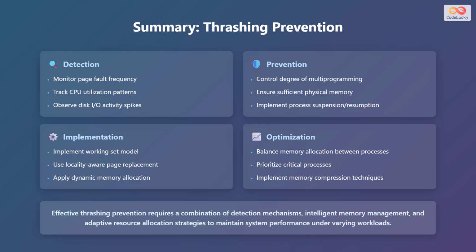Implementation involves using the working set model, locality-aware page replacement, and dynamic memory allocation. Prevention strategies include controlling the degree of multiprogramming, ensuring sufficient physical memory, and implementing process suspension or resumption. Optimization can be achieved by balancing memory allocation between processes, prioritizing critical processes, and implementing memory compression techniques.